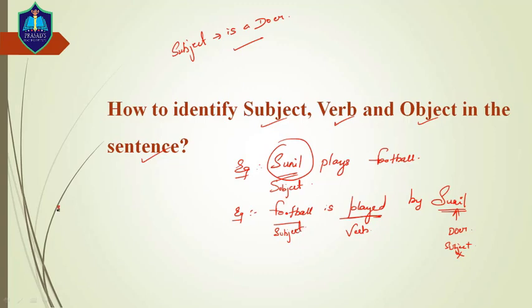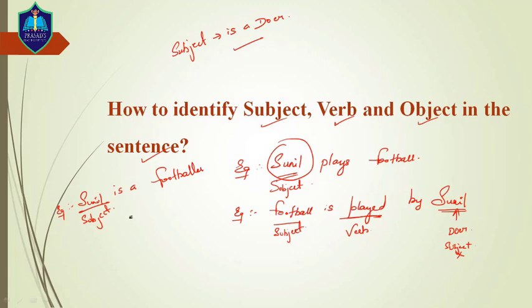And I am taking one more example, the same example with a slight difference. Sunil is a footballer. So this is another example. Sunil is a footballer and Sunil is the subject here. Sunil is a footballer, Sunil is a doctor, Sunil is a teacher, Sunil is tall, Sunil is short, Sunil is smart. We can take as many examples as we want, but Sunil is the subject here, but he is not doing anything.